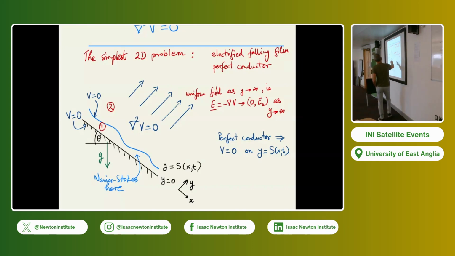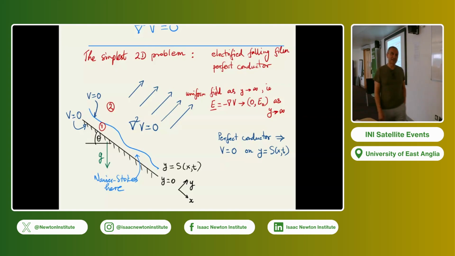Well, the electric field problem will be the Laplacian of V is 0, and the electric field goes to some constant. Since I'm doing the simplest possible problem, and this is a perfect conductor, and I grounded the plate, the interface will also be grounded.